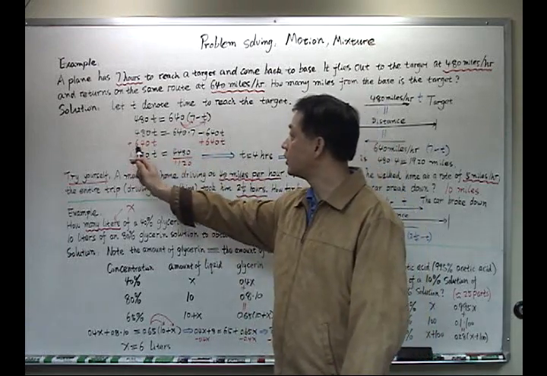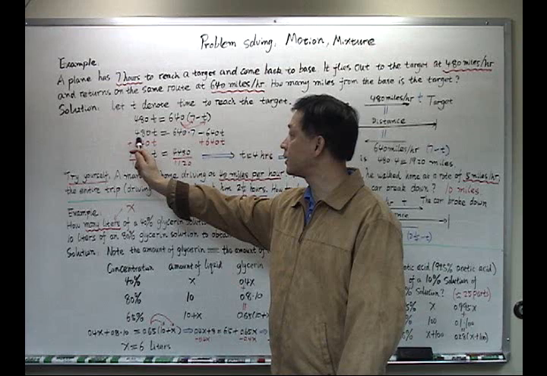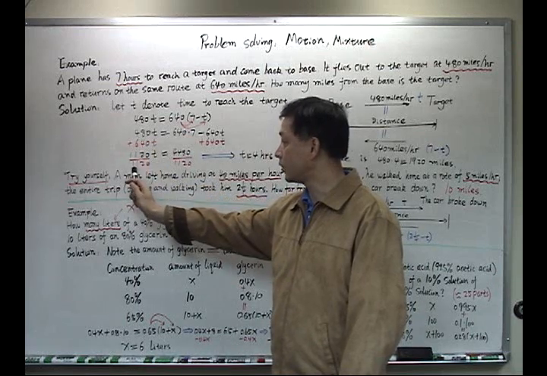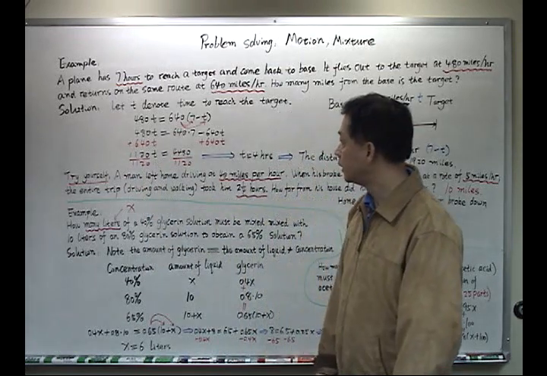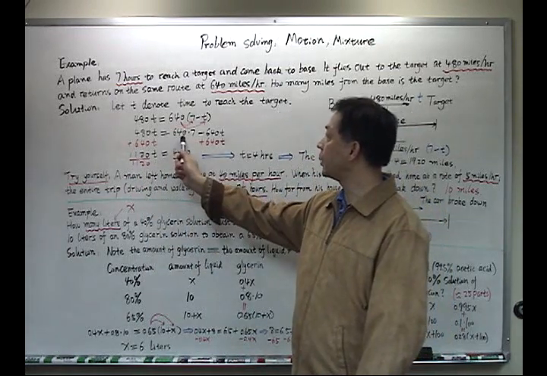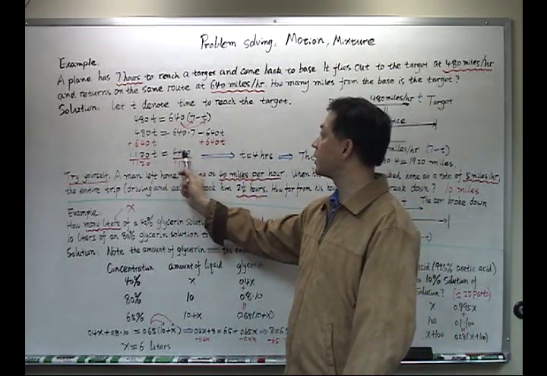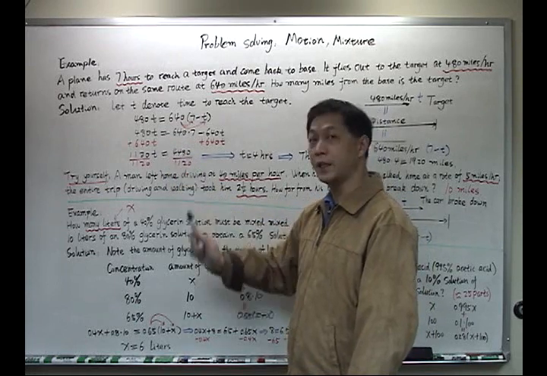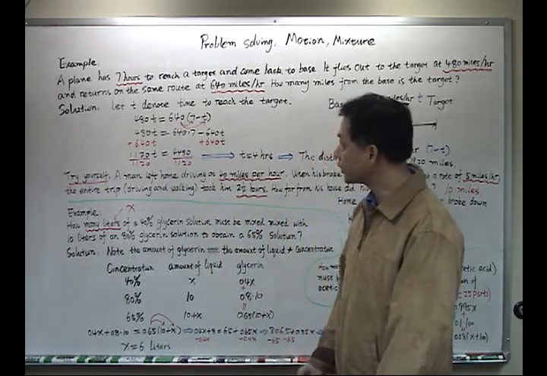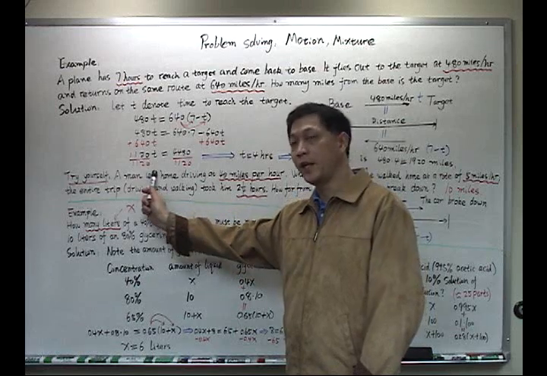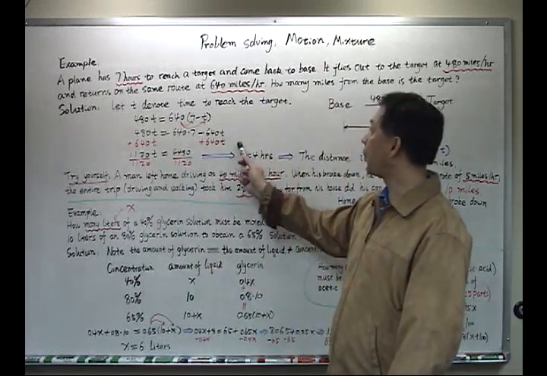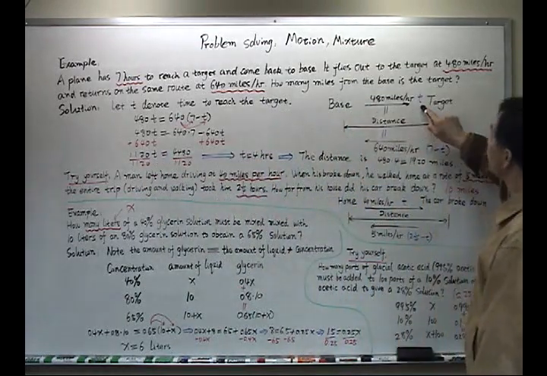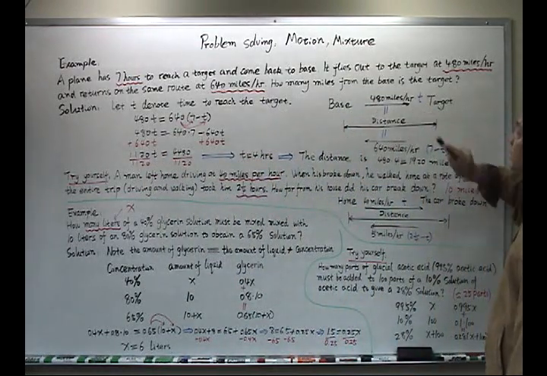Then you have 640t plus 480t, that's 1120t, on the left hand side. The right hand side is 640 times 7, which gives us 4,480. Both sides divided by 1120, then we have t is 4. So this t actually is 4 hours.